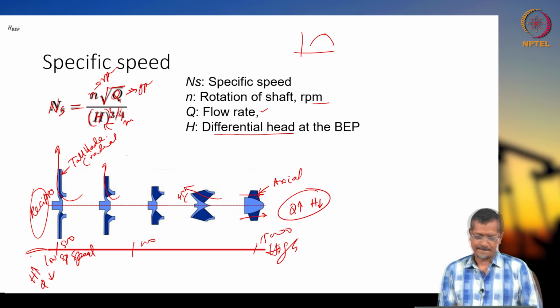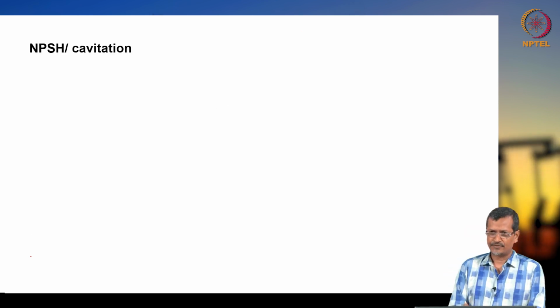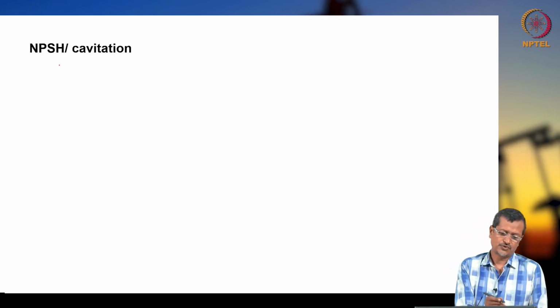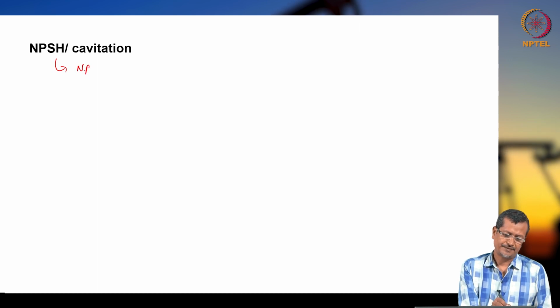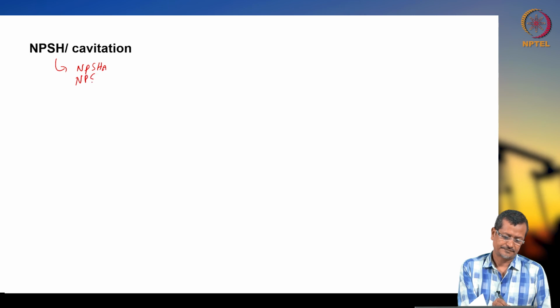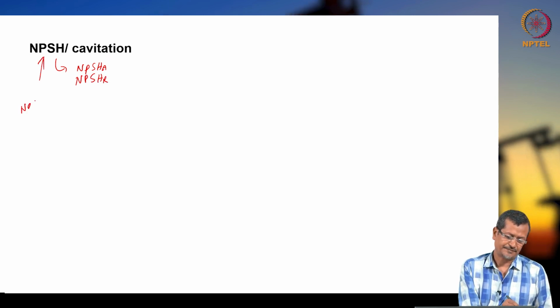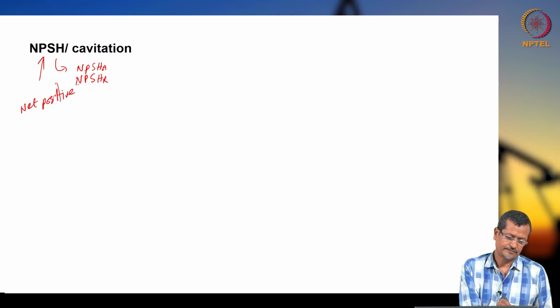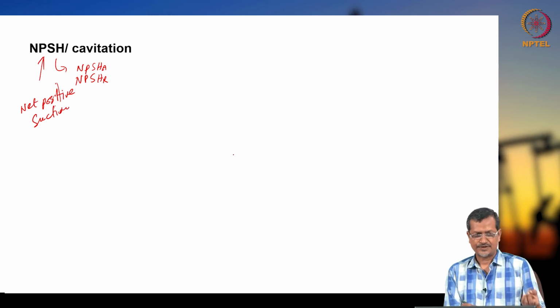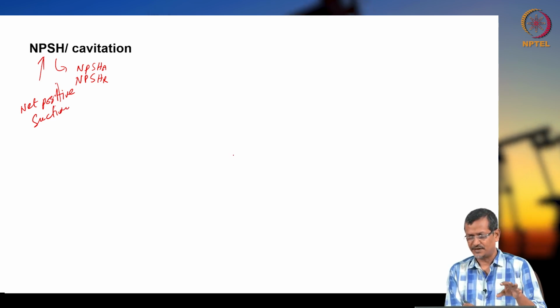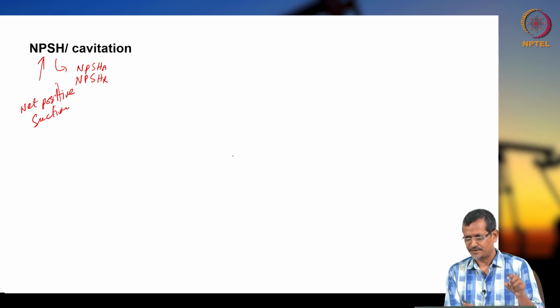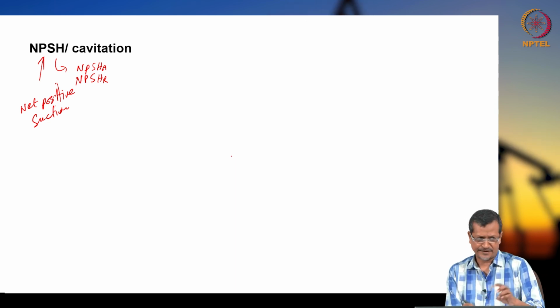Fine. NPSH, net positive suction head: when you are talking about a centrifugal pump, it has two components, NPSH A and NPSH R. Whenever you use any pump, centrifugal especially, you must know the NPSH. The company provides the data.